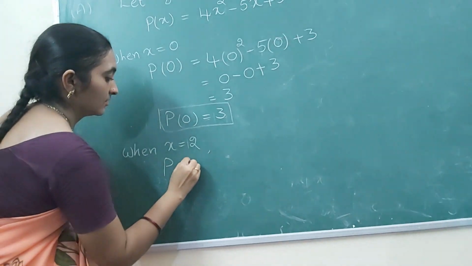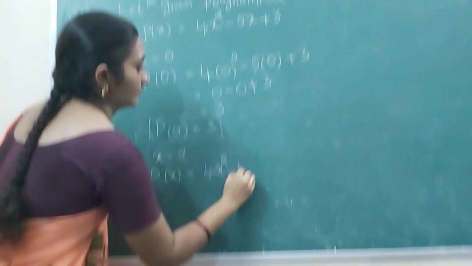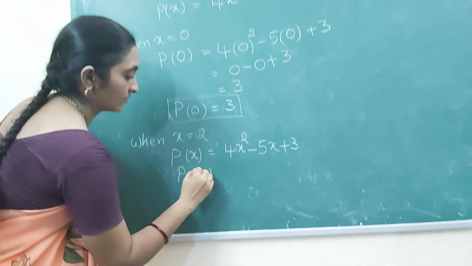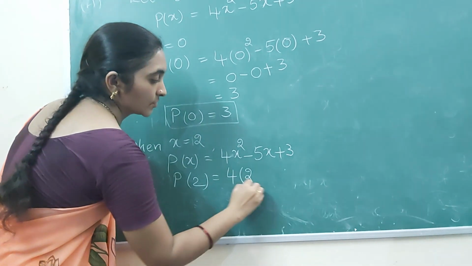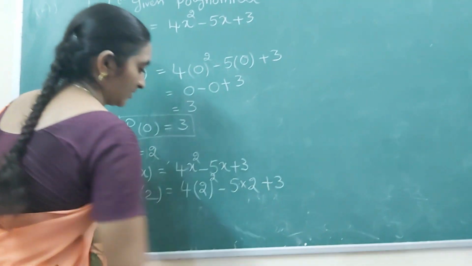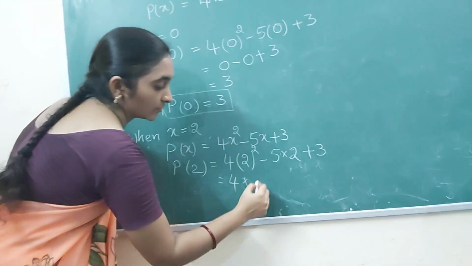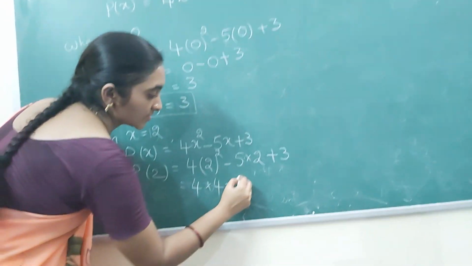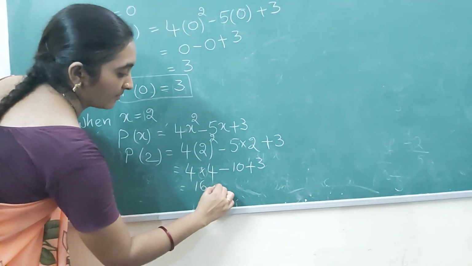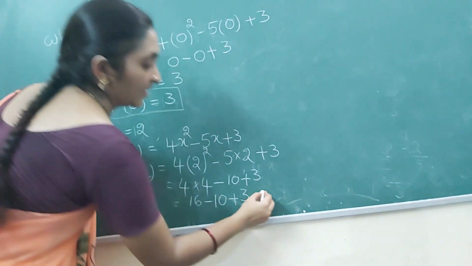First we write down the given polynomial, then we substitute 2. p of 2 is 4 into 2 square minus 5 into 2 plus 3. 2 square means 2 into 2, that is 4, so 4 4s are 16, minus 5 2s are 10, plus 3. 16 minus 10 is 6, plus 3 is 9.